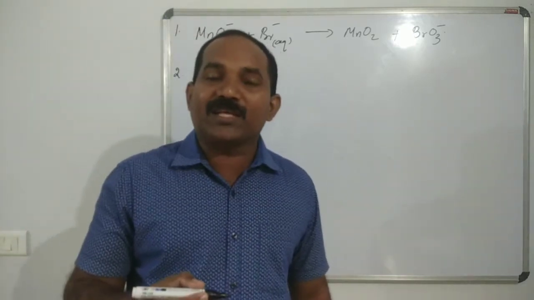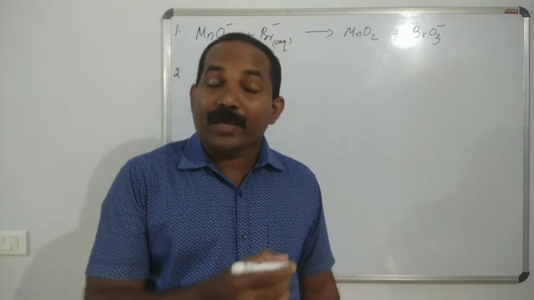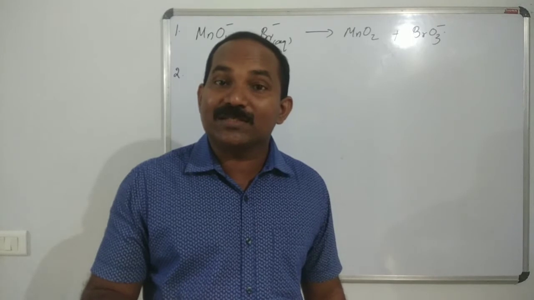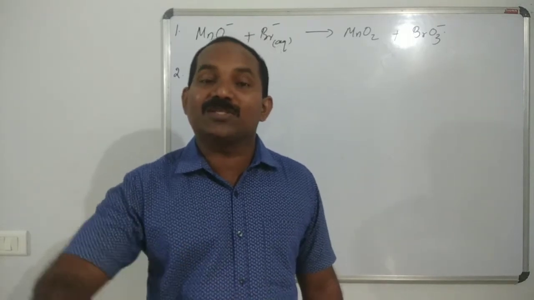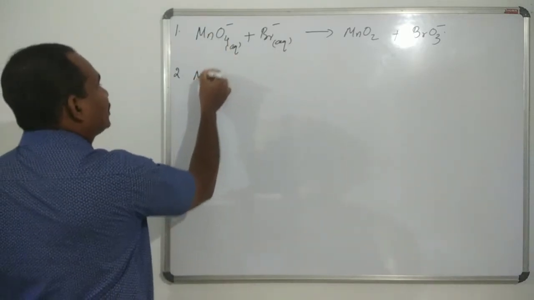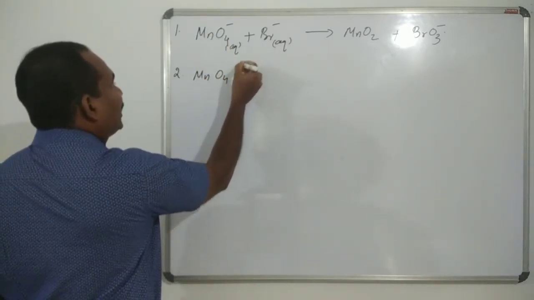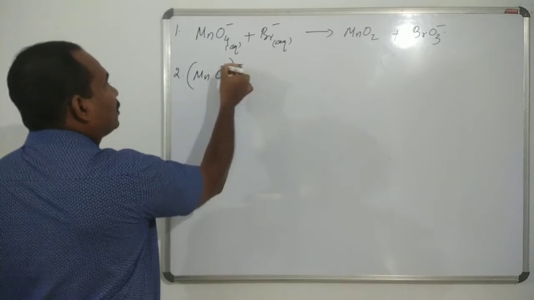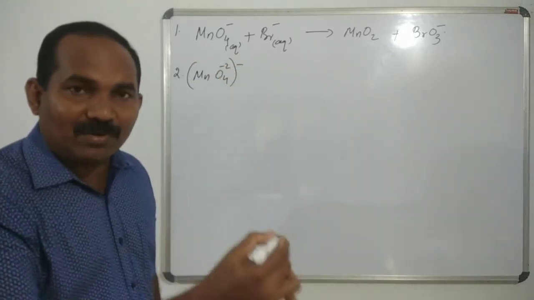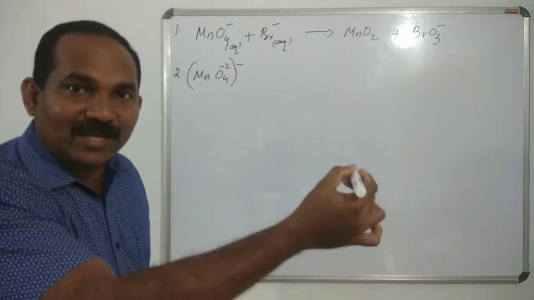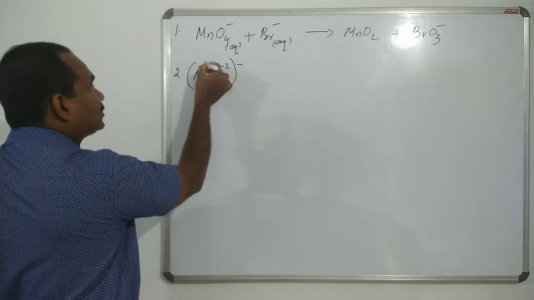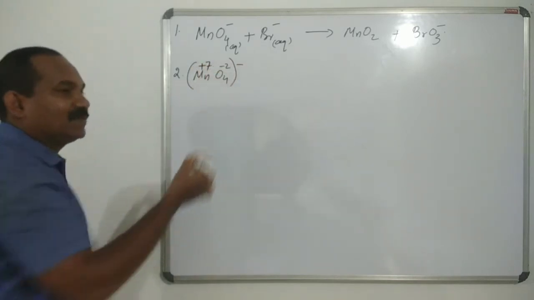Then second step: identify the oxidation number of each element in the equation as well as the change in the oxidation number. So we write the oxidation number. MnO4 minus: oxygen is minus 2, 4 into minus 2 is minus 8. Out of minus 8, 1 minus charge is in the ion, so minus 7 is compensated by plus 7.